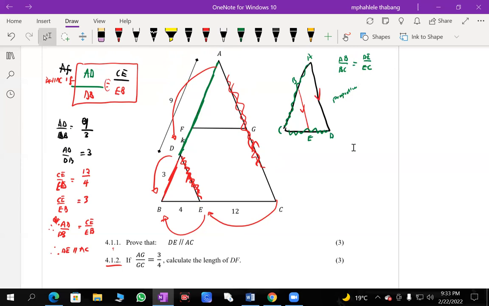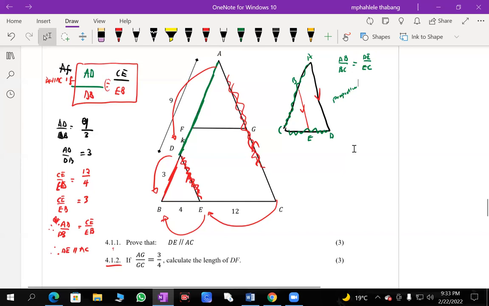Automatically, the lines are parallel, so the sides are proportional. If the lines are parallel in a triangle, the other sides of a triangle are proportional.